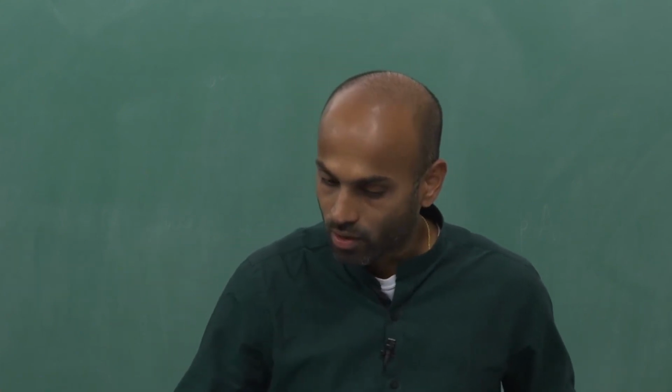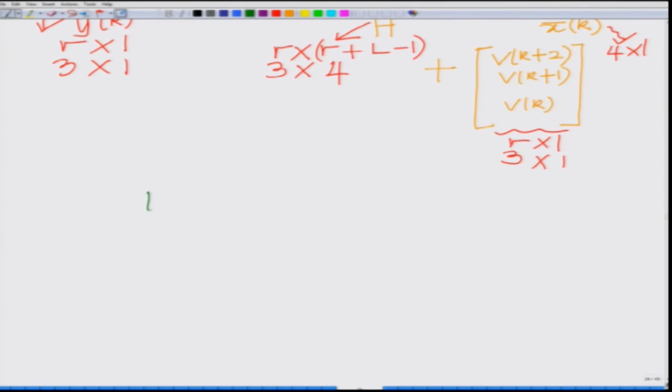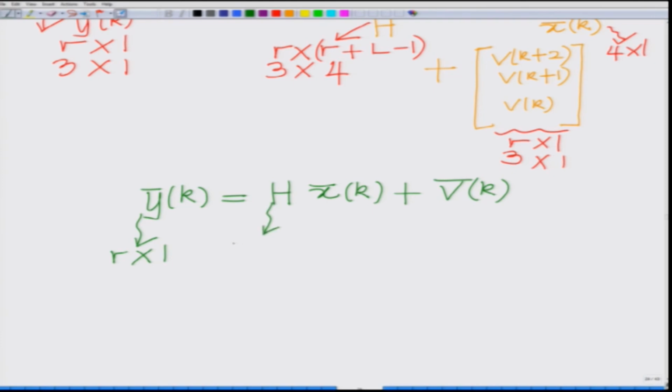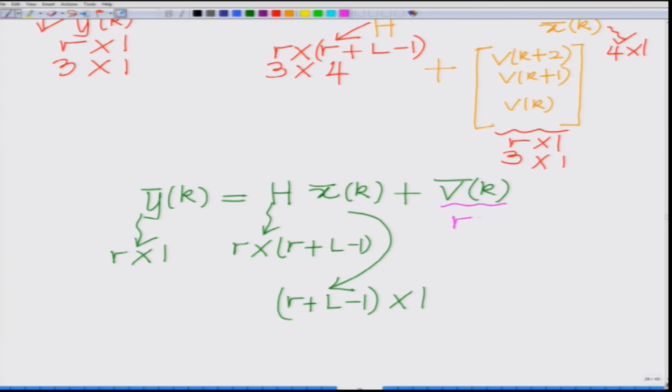So, let me just write this down again to summarize. If we consider an R tap equalizer, so I have y bar k equals H times x bar k plus v bar k, where this is R cross 1, this is R cross R plus L minus 1, this x is R plus L minus 1 cross 1, and this V bar k is simply an R cross 1 vector.